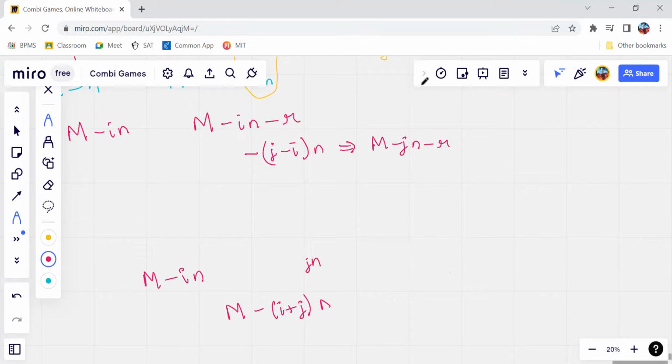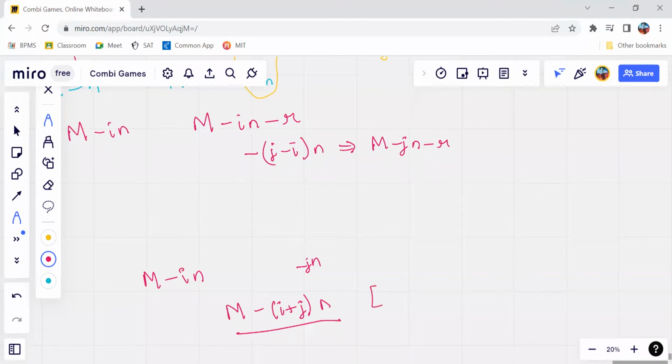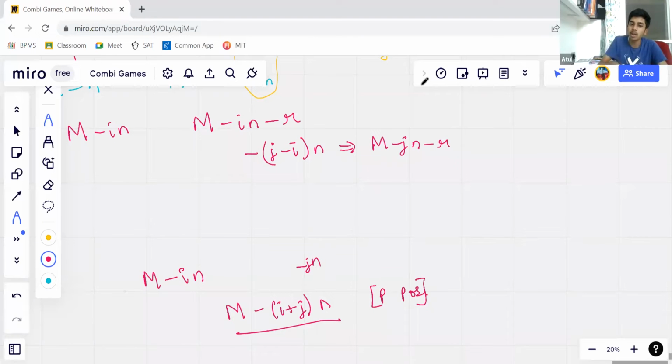But the first player might not reach it always, right? The point is when the first player made it m minus in, the second player subtracted another jn, making it this number. So this means that this thing is a P position. But then A could have directly subtracted (i plus j) times n on his first move. And it's a P position, so he should have won, which contradicts the fact that A does not have a winning strategy.